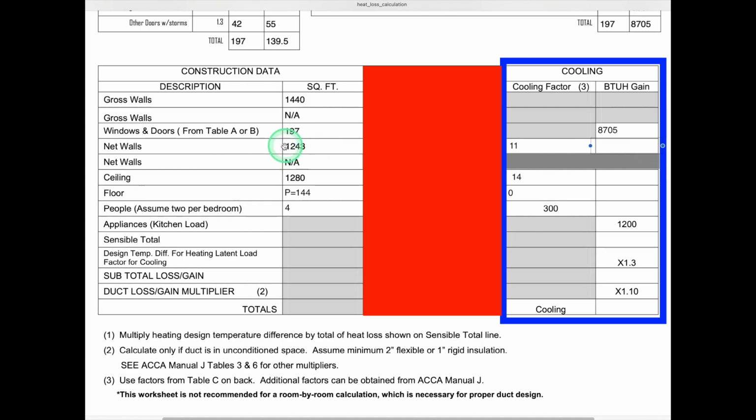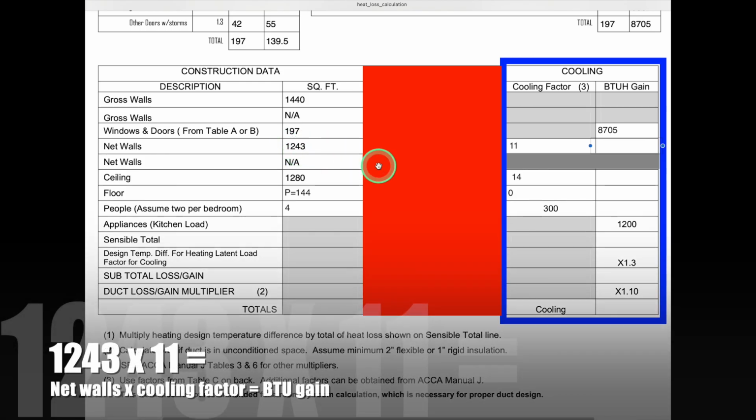And now we're going to take the square foot of the walls, our net walls, of 1243 times 11. So 1243 times 11. And our BTU gain through the net walls is going to be 13,673.